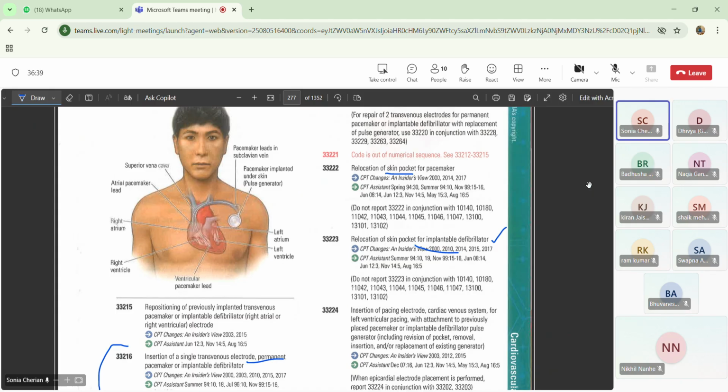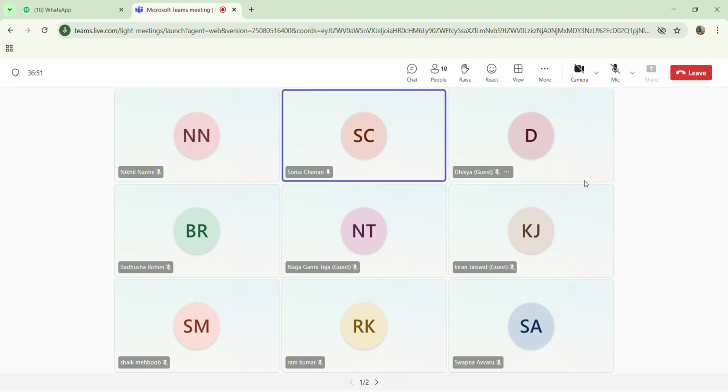Then the type of procedure: insertion, removal without replacement, removal with replacement, relocation, upgrade, or repair. These are all the types of procedures you need to look for. Once you get all these points checked, then your CPT codes will be correct.